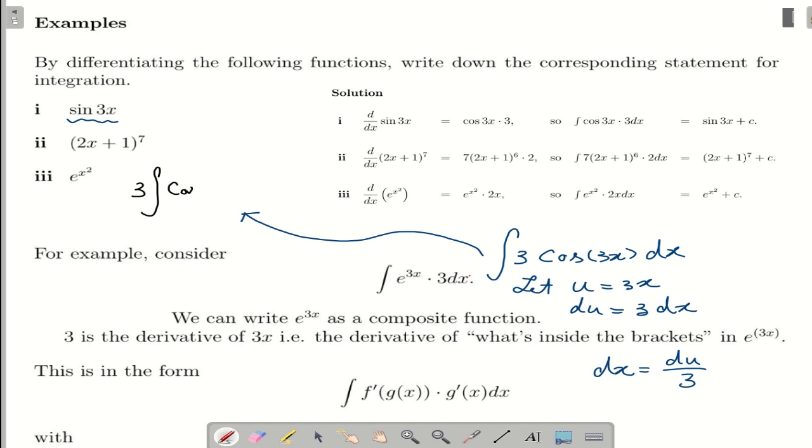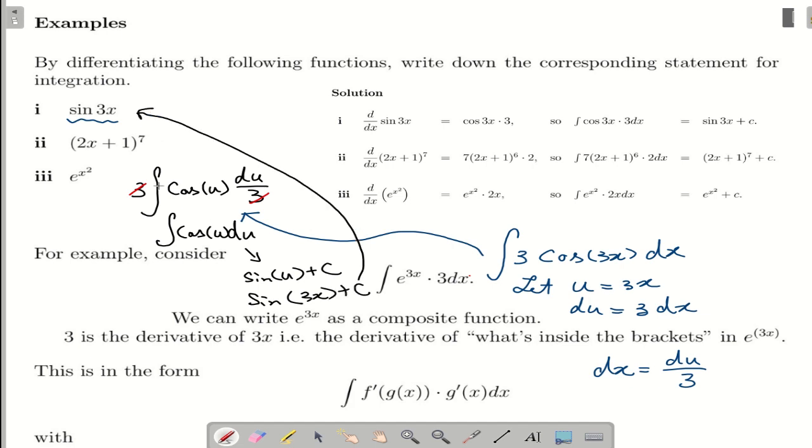And dx is equal to du over 3, so you get du over 3. These two 3s cancel out. You only get the integration of cosine u du, and the answer will be sine u plus c. What is u? u is 3x, right? So you have the answer sine of 3x plus c. This is the original function, sine of 3x plus c. C is some constant. So this is the inverse of the chain rule.